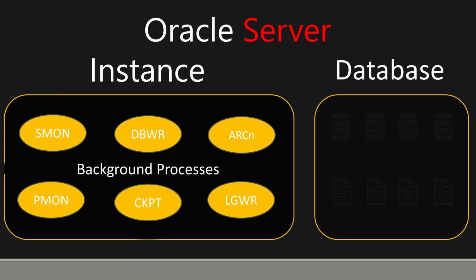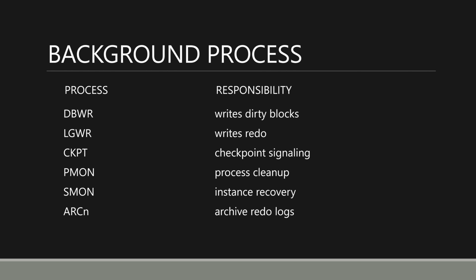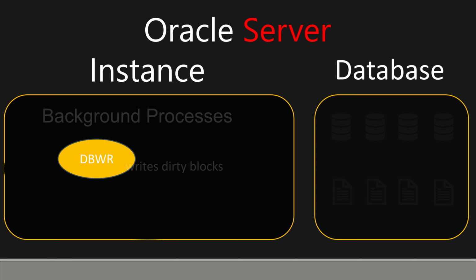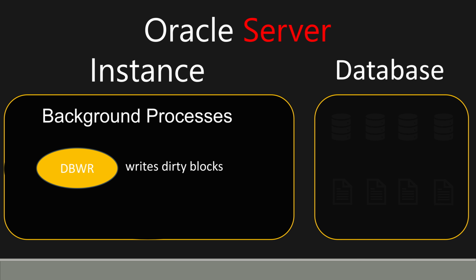Now let us understand the Oracle background process. You can check the multiple background processes and their responsibilities. So the DB writer or database writer process writes dirty blocks from buffer cache into data files.